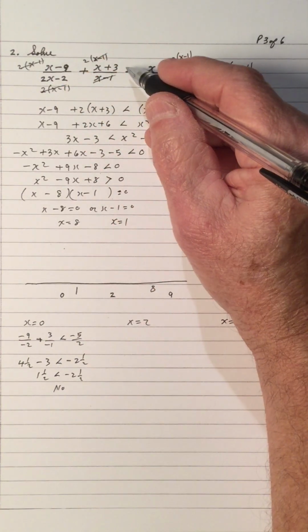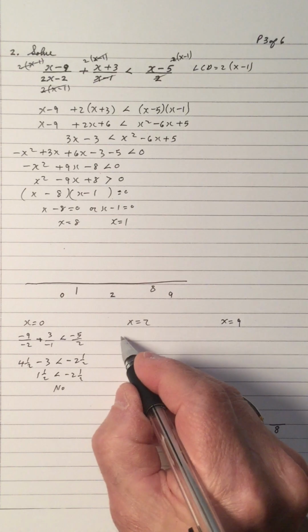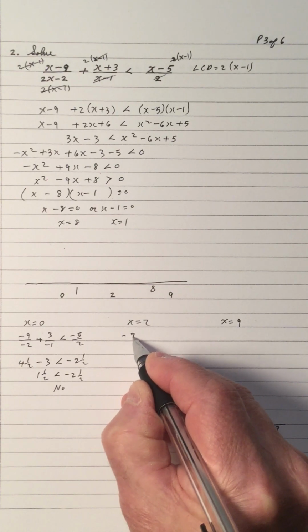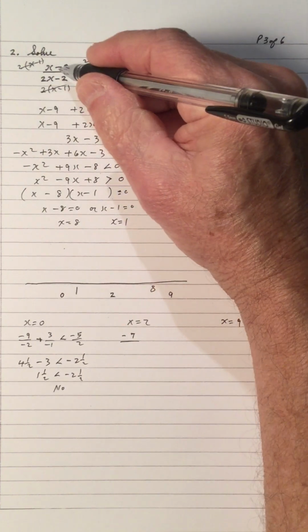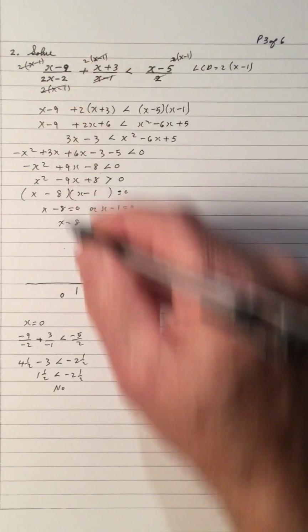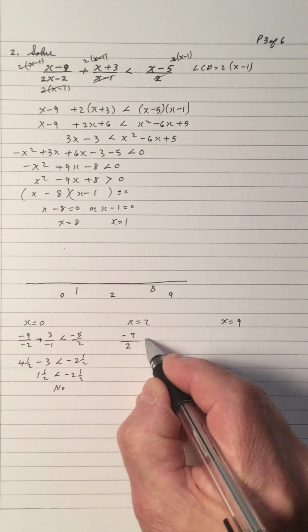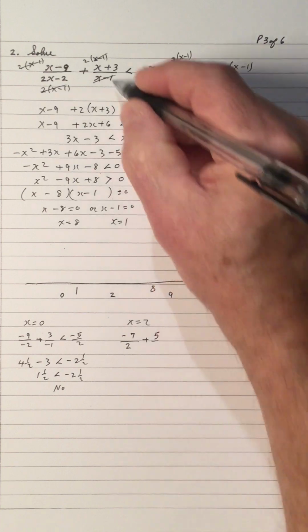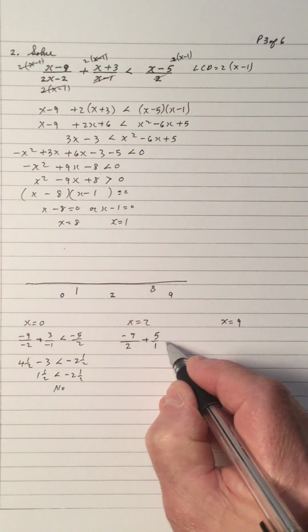Let's try a 2. What happens? 2 here, and we put 2 in, we get negative 7. Put 2 in here, we get a negative 7. Put a 2 here, we get 4 minus 2 is 2. Put a 2 here, we get a 5. Put a 2 here, we get a 1.